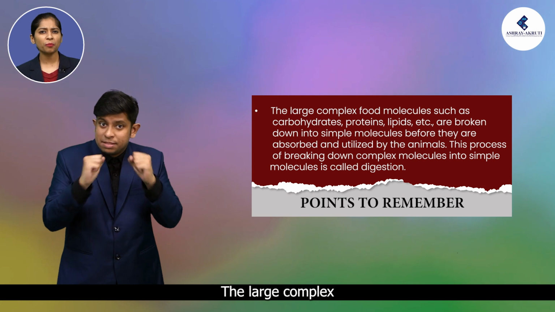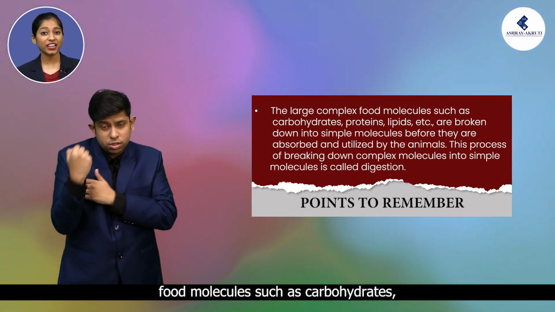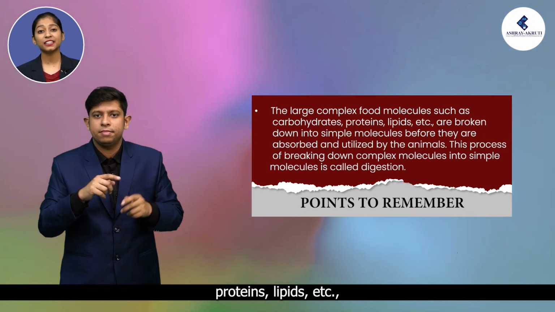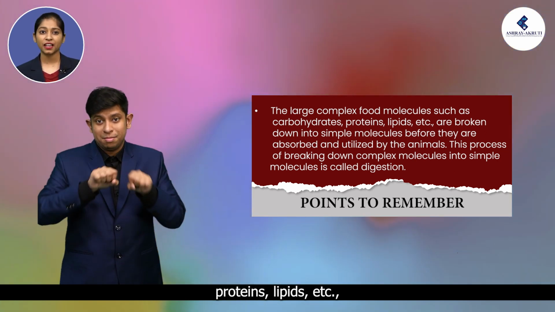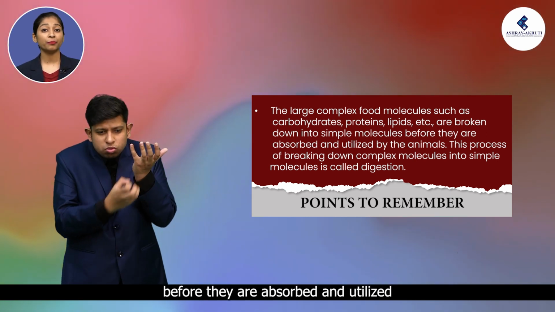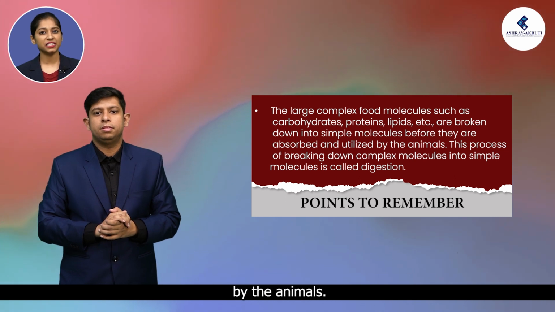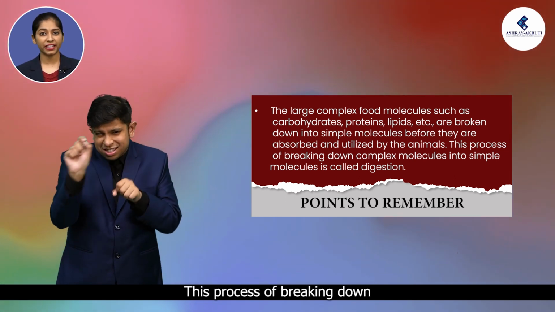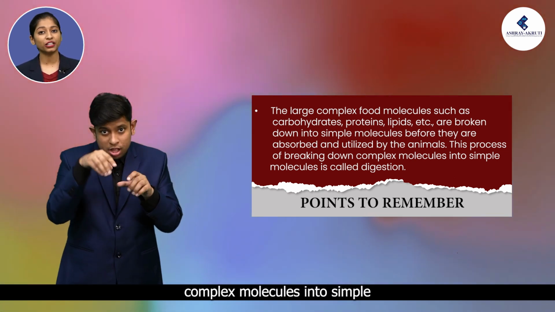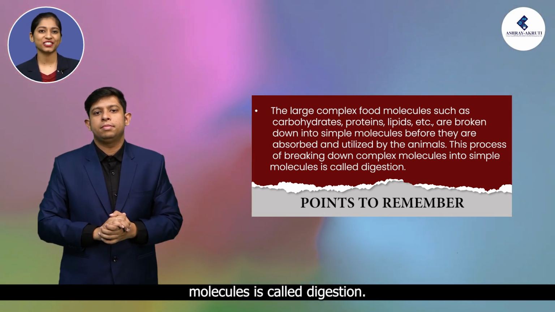The large complex food molecules such as carbohydrates, proteins, lipids, etc. are broken down into simple molecules before they are absorbed and utilized by the animals. This process of breaking down complex molecules into simple molecules is called digestion.